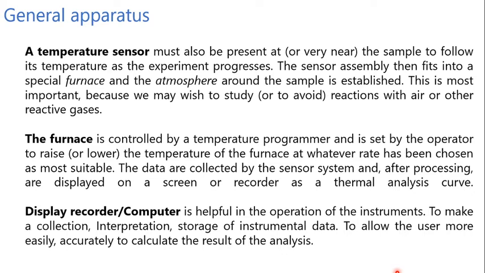The computer or display recorder is also useful for integrating the peaks in DTA and DSC, determining the glass transition temperature from DSC or TMA, and the accurate measurement of mass loss in TG may also be most easily carried out using computer software.